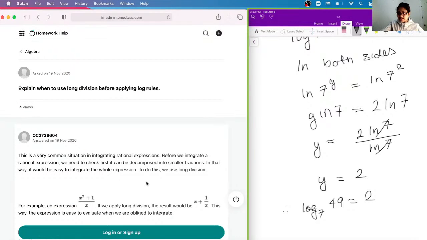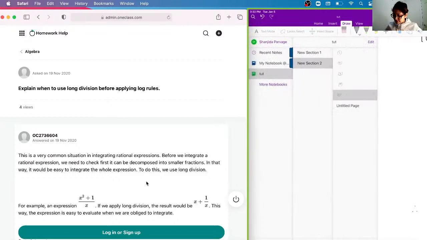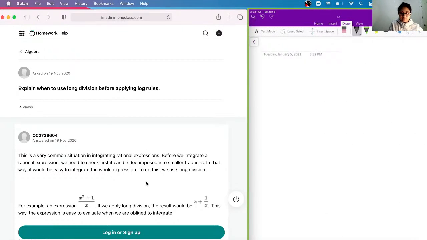Our next question says: explain when to use long division before applying log rules. When you need to apply log rules is when we have to integrate.